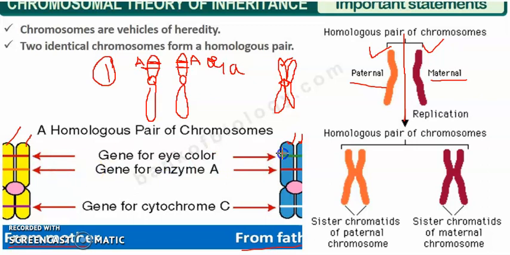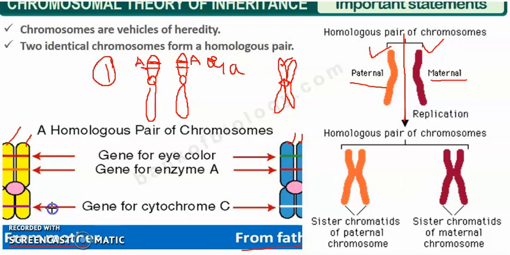And they are homologous because they are a pair of homologous chromosomes, because the gene which is coding for eye color is present at the same location. രണ്ട് chromosomeലും same locationലാണ് ഉള്ളത്. And in the same way, this is the gene which codes for enzyme A, and in the other chromosome also, at the same location, we are able to find a gene which is coding for enzyme A.